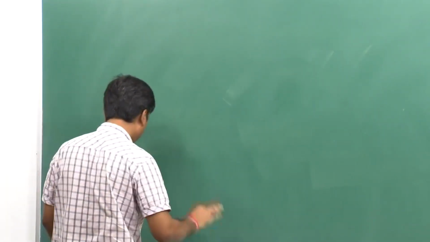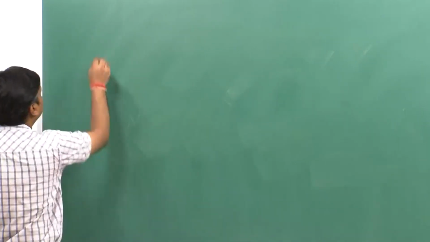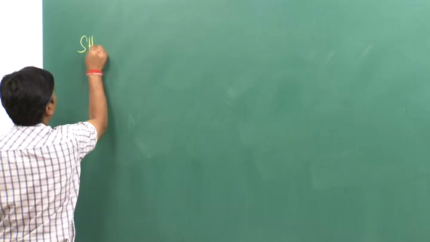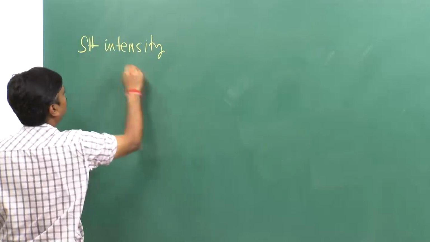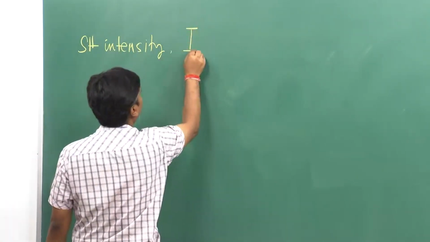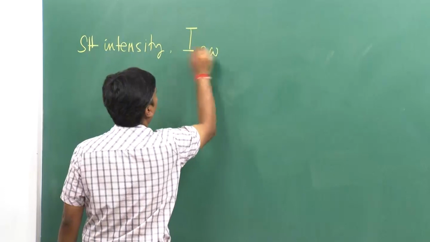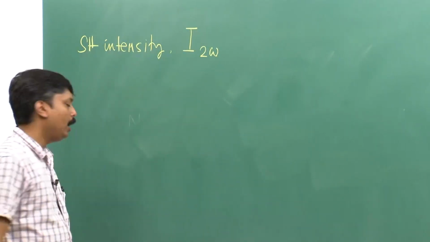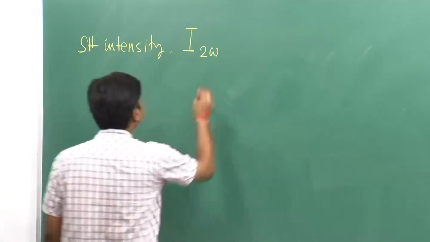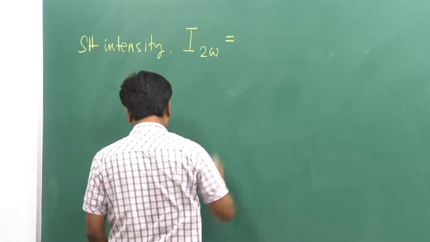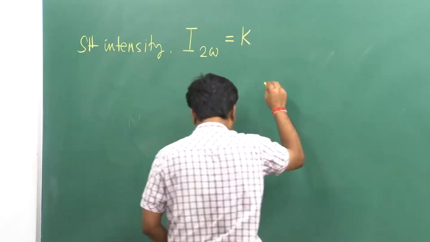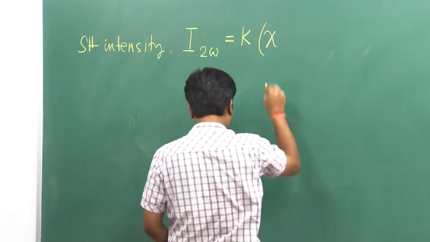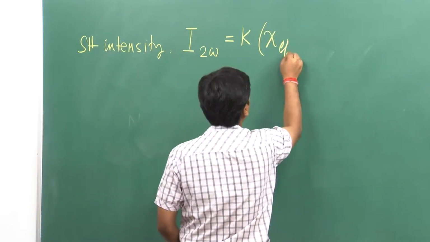I will write down an expression for the second harmonic intensity, which we denote as I2 omega, and this is given by, I will just give you the expression, and one does not have to remember this one.